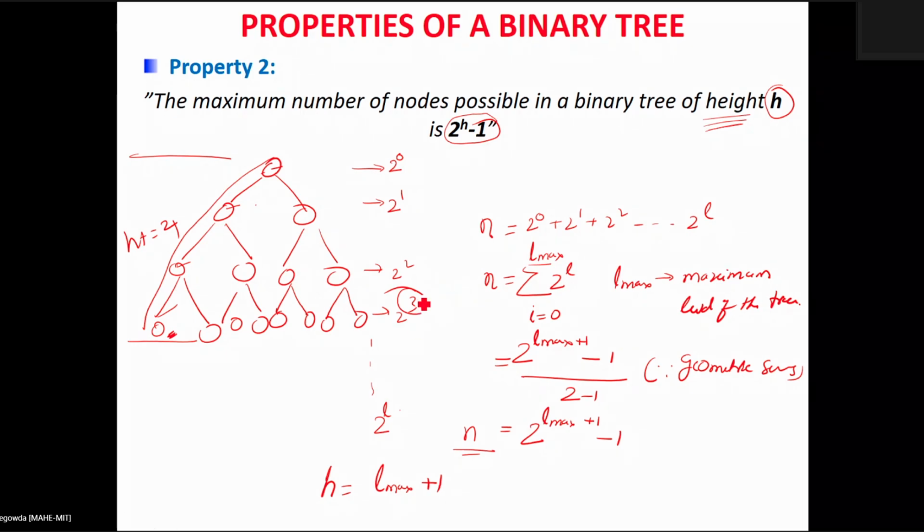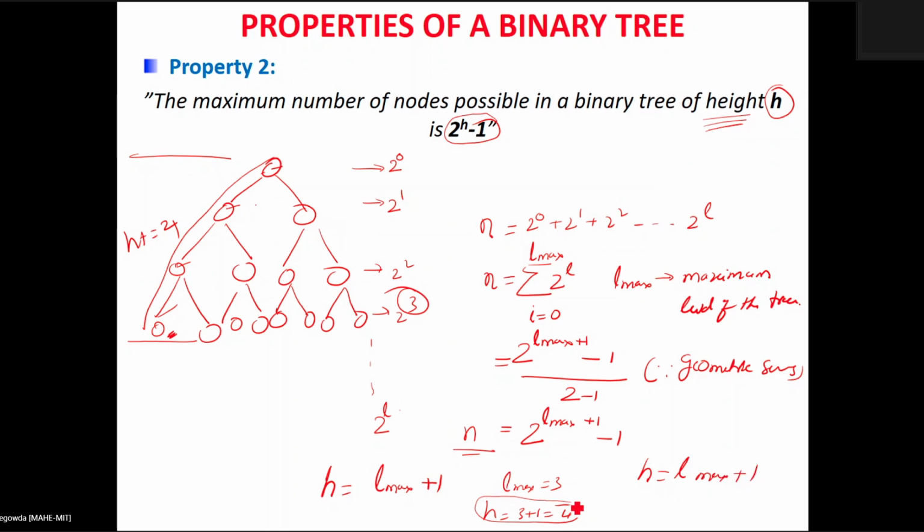What is the maximum level? L max is 3. So if L max is equal to 3, what is the height? 3 plus 1, that is 4. It is true for this particular example. So according to the definition of height, h is L max plus 1.